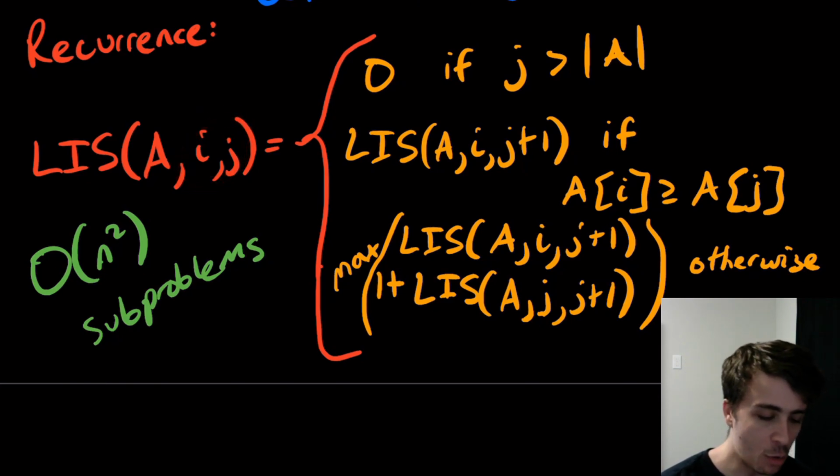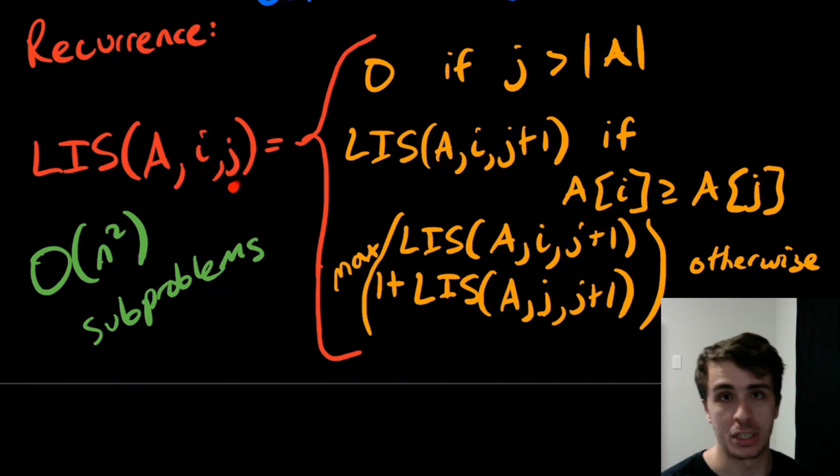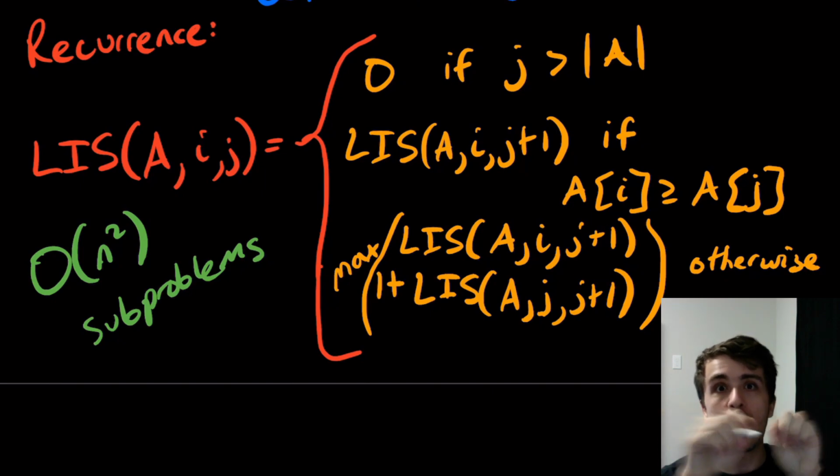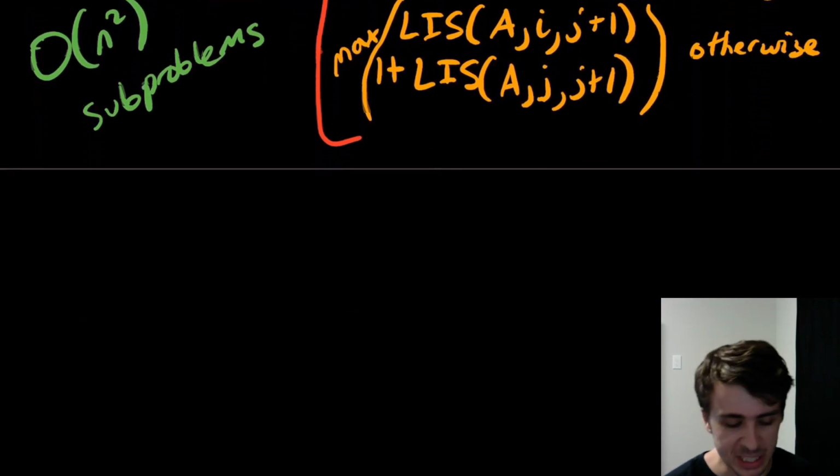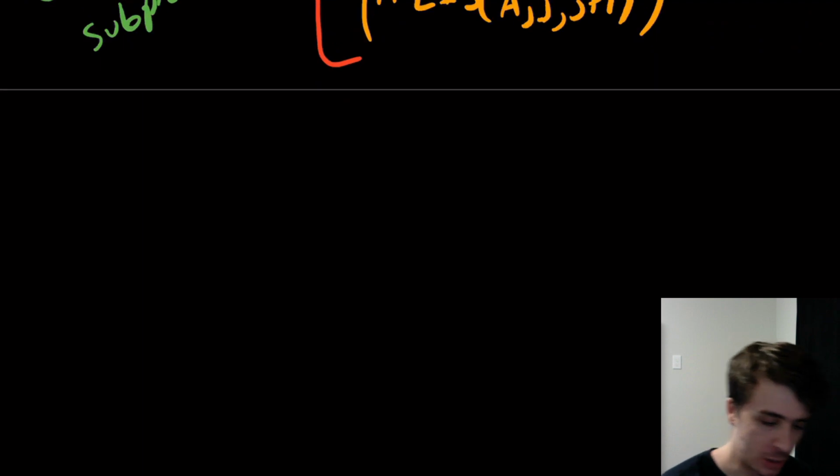There are 2 possible variables here. So what we'll have to do is try to store things not in a single array, like we did with the Fibonacci numbers, but rather in a table, which is the same idea, just in 2 dimensions.